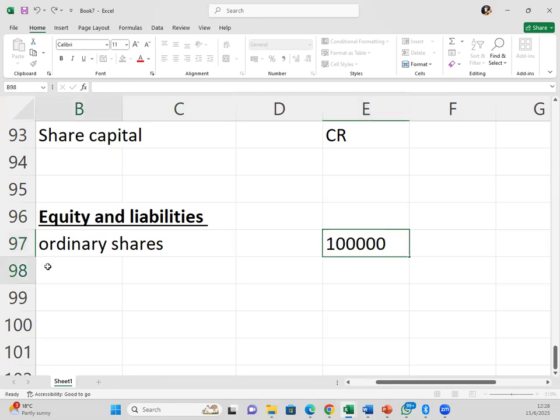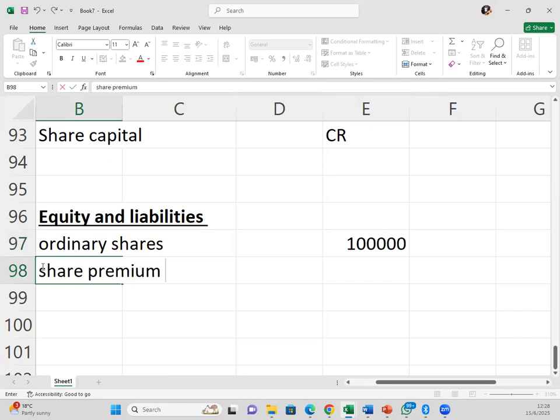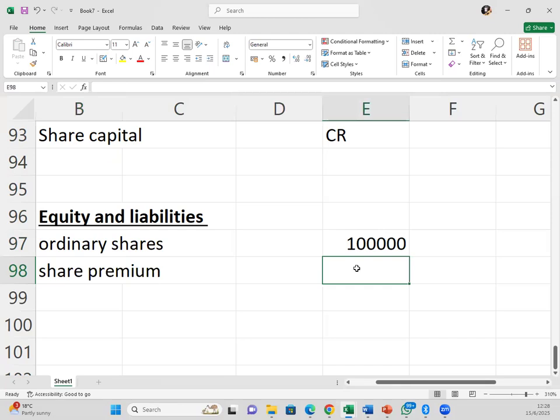Then besides the ordinary shares, we have share premium of, let's say, 10,000.